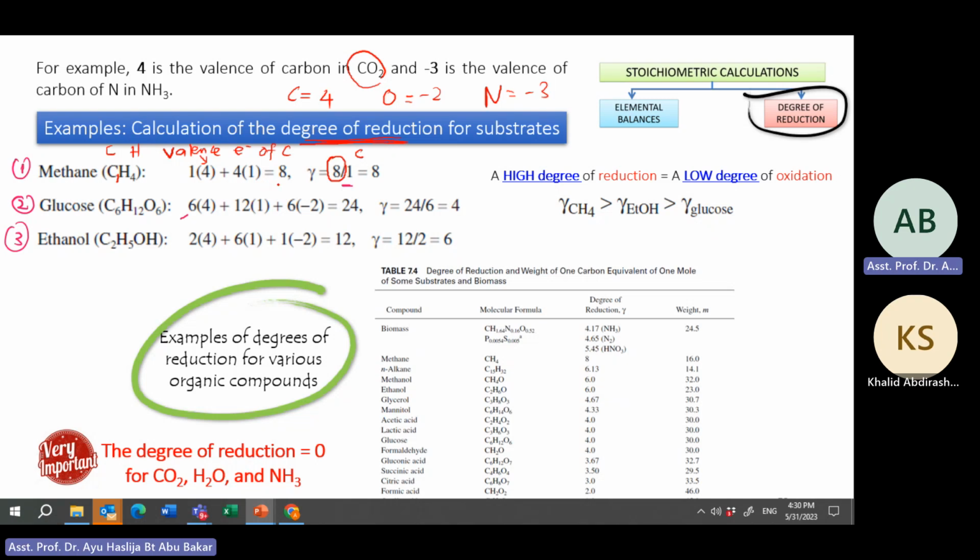Okay, so that's how it gets the 8. Now, using the total electron over here, we can calculate the degree of reduction. So 8 over number of carbon. Here carbon is 1, so divide by 1. So that's how you get degree of reduction for methane is equal to 8.